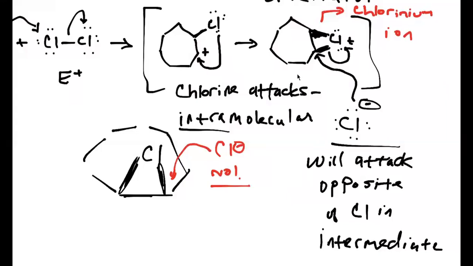So it's taking up a lot of space on the top side. And then if the other chlorine tried to come in, it would incur what we call steric interference, right? That just means that the groups are big enough to touch. And when they do, it's going to make the energy go up. So the other chlorine that attacks the intermediate has got to come from the opposite side.